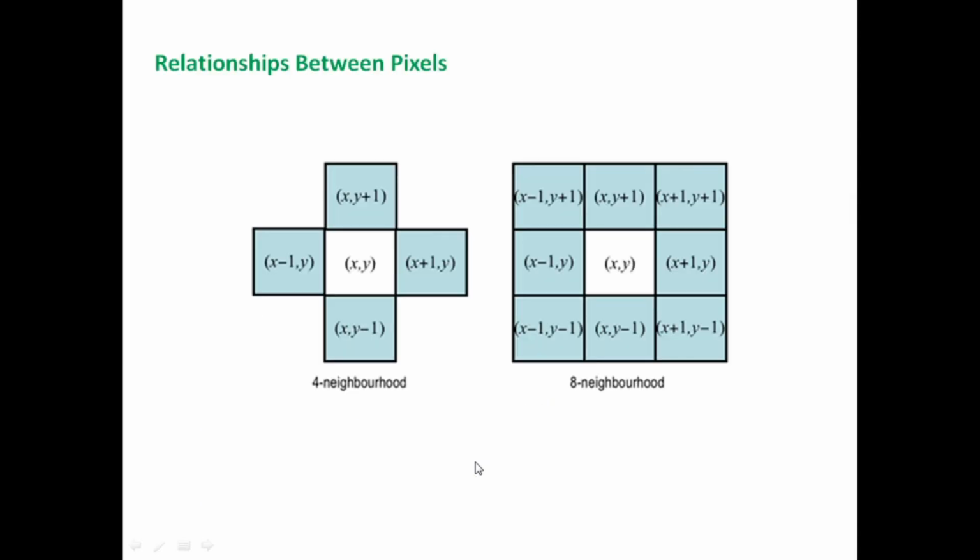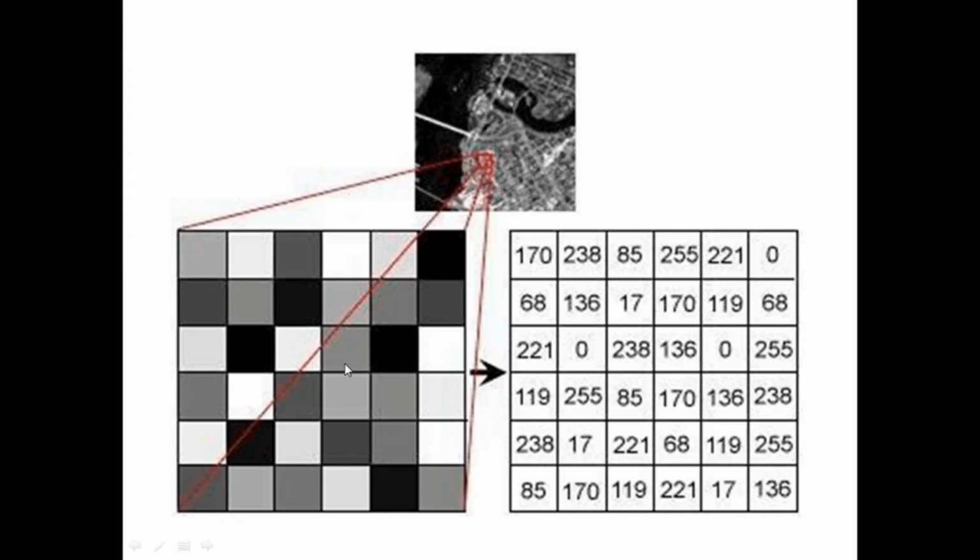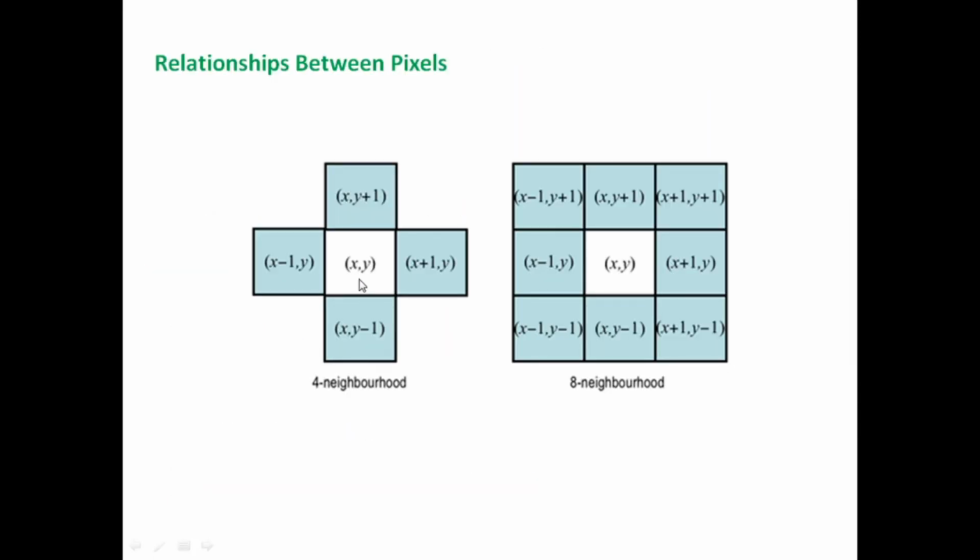This is about the images. Now we also have to learn the relationships between pixels. We know these pixels are represented in the form of a box. Each spatial coordinate has its own location, like x comma y. If it is x row, it is x plus 1, x minus 1, like that.